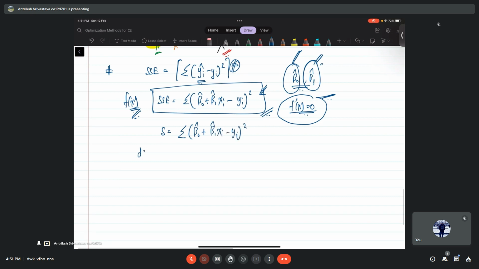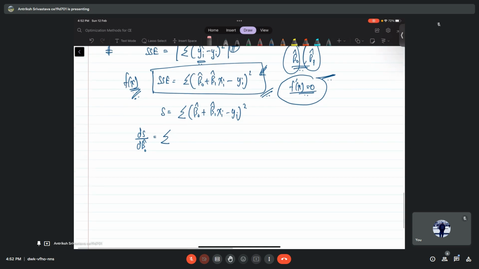Okay, now let's differentiate this with respect to b naught. So sigma will keep aside. Now let's differentiate this. If you have any doubt about the differentiation, I will suggest you refer to the basic texts, undergraduate or graduate level books, to understand how the differentiation works. I'm just going to differentiate this and show it to you.